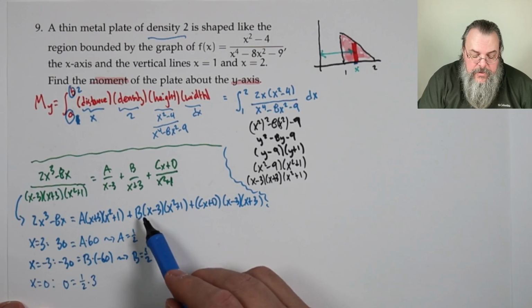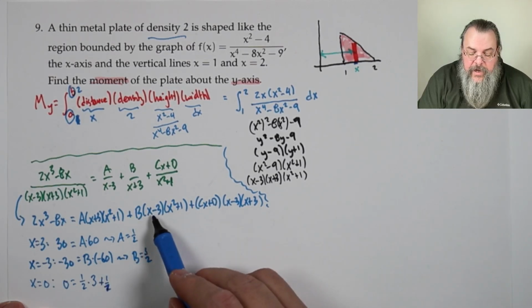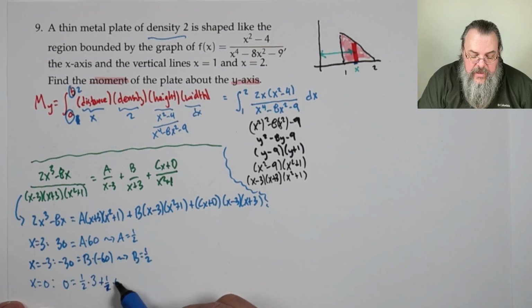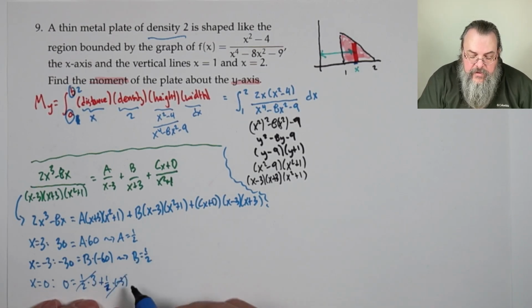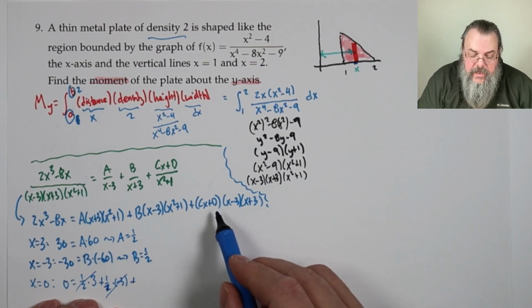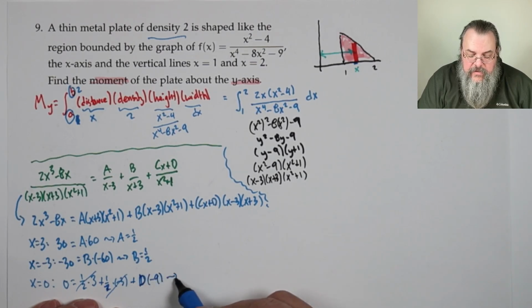And then b, which is 1/2, times minus 3 times 1, which is times negative 3. So these cancel. Plus d, because the cx is gone. And negative 3 times 3 is negative 9. So d times negative 9. So that tells us that d is 0.